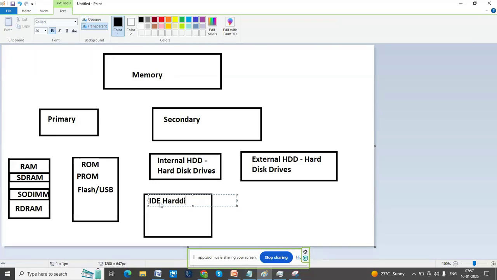IDE is one of the hard disk types. One more is the SSD hard disk. SSD is nothing but solid state storage, or solid state disk. And one more is called the SATA hard disk. SATA is the first one, next is the SSD.